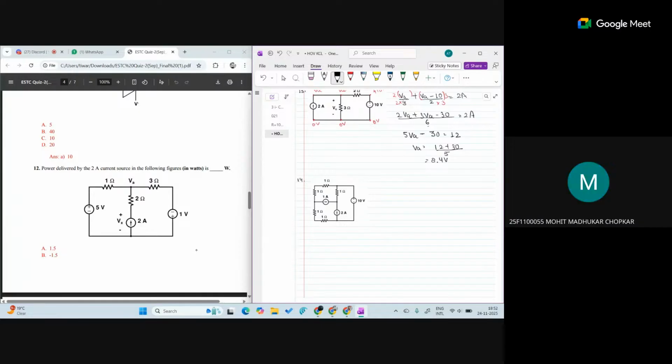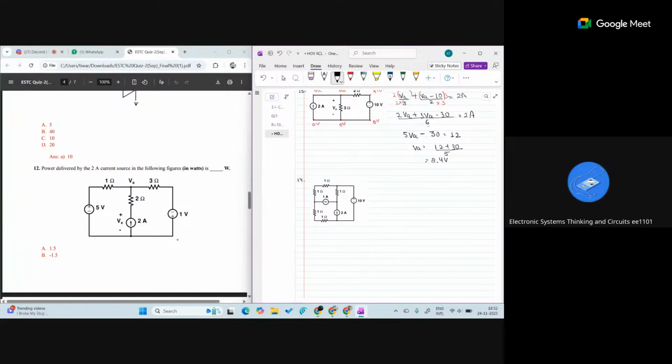Sir, that's why when I used the superposition method and found the current due to the 5 volt, I got 1.75 or 1.5 something, and the remaining current of 2 amperes I got from minus 1 or 1 volt at VA. But that is not needed. We just have to know the voltage across this current source. If you are able to know that, you just have to multiply by 2 ampere to get the power. Power is equal to I into V.